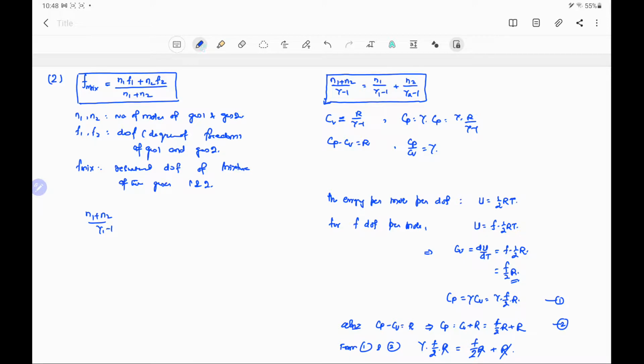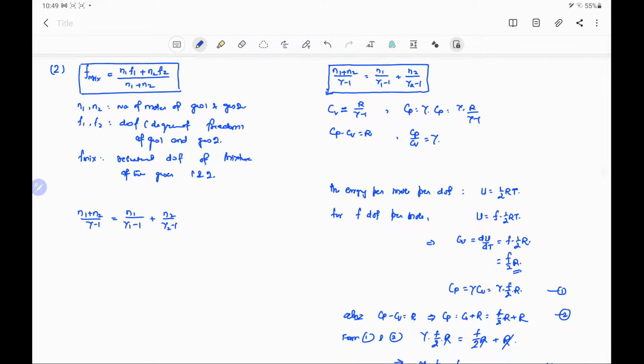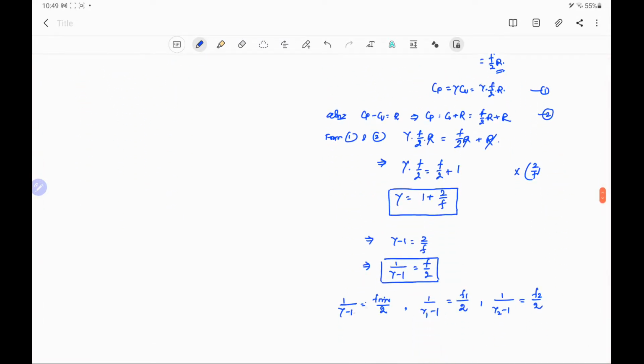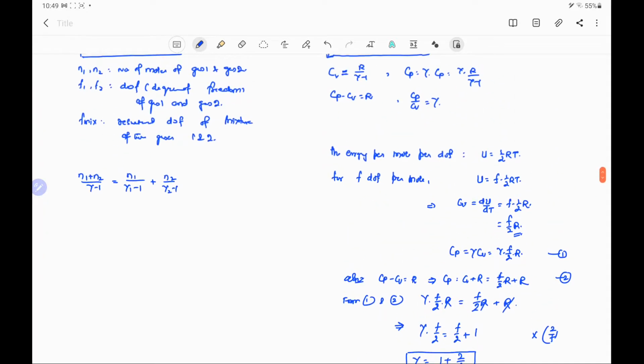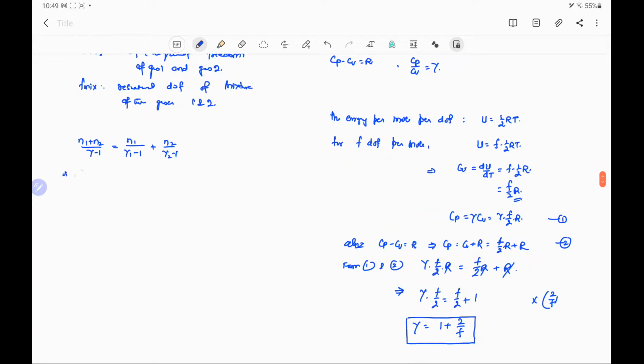Substituting this value in the earlier equation, our equation is N1 plus N2 by gamma minus 1 equal to N1 by gamma 1 minus 1 plus N2 by gamma 2 minus 1. And because 1 by gamma minus 1 equal to F mix by 2, we write it as N1 plus N2 into F mix by 2, that is equal to N1 into F1 by 2 plus N2 into F2 by 2.